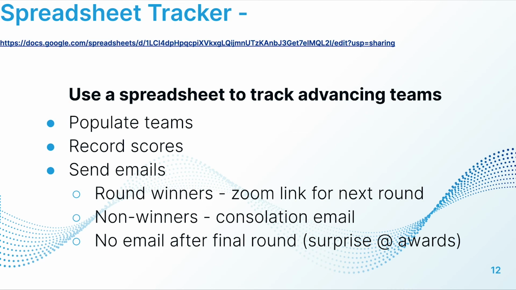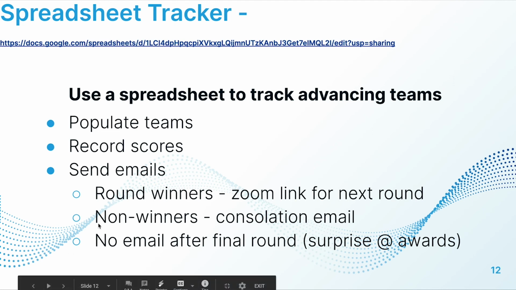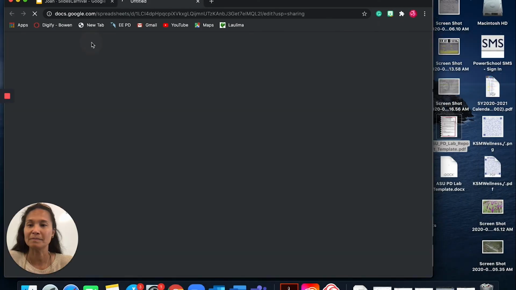For the non-winners, you might want to send a consolation email saying that they did not advance to the next round, so that they are aware not to wait for another email and enter into another Zoom room. After the final round, if you want to keep the suspense, you can not send an email after that final round and keep it a surprise at the awards session.